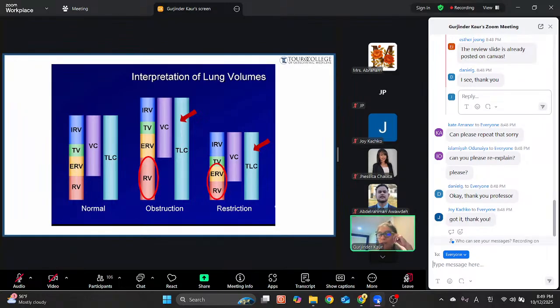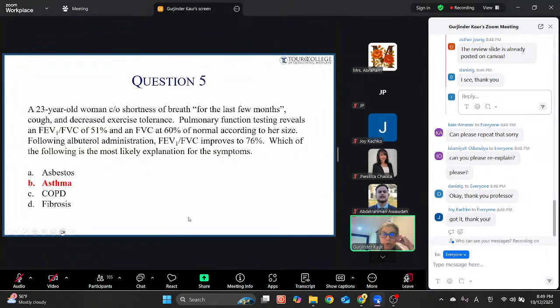I told you a few times, and we had a question in the clickers that day. If you recall, I told you the FEV1/FVC ratio is this much, but when you gave them albuterol, which is your beta 2 agonist, this ratio improved to 76%, right?